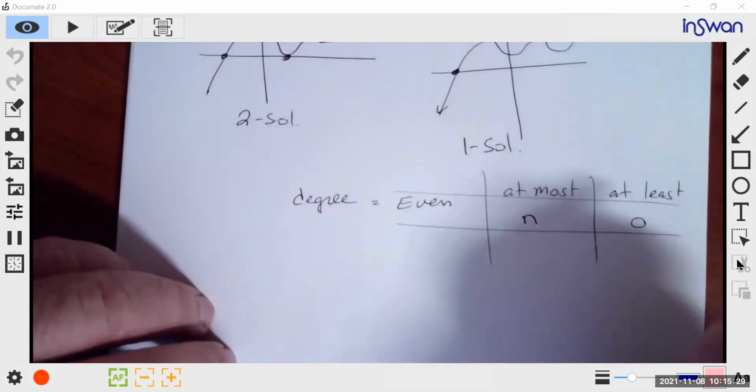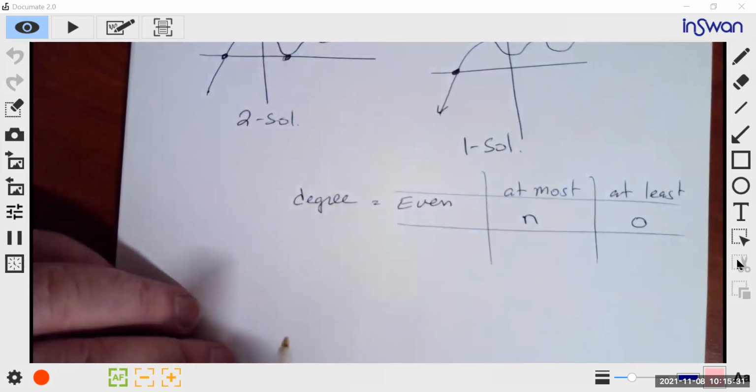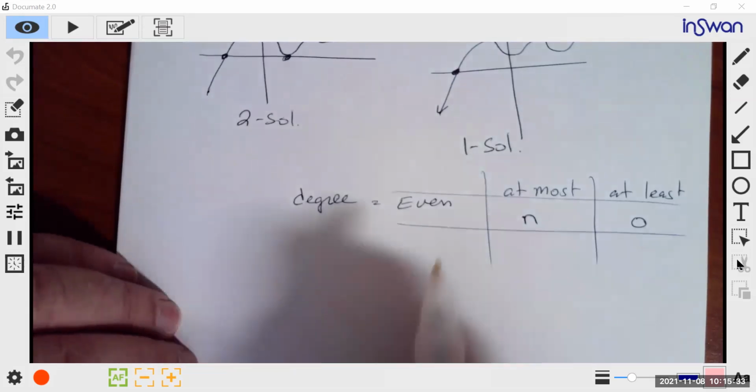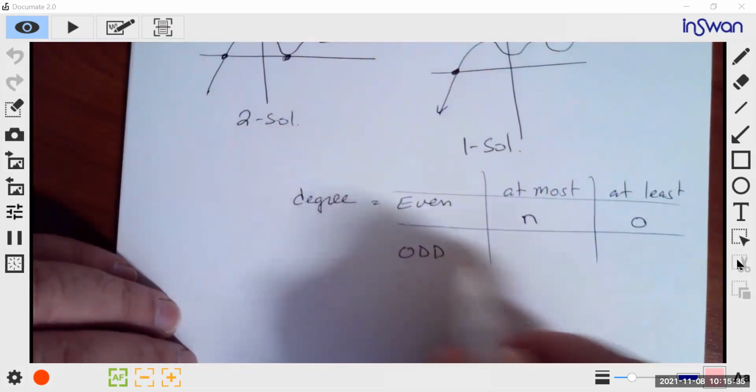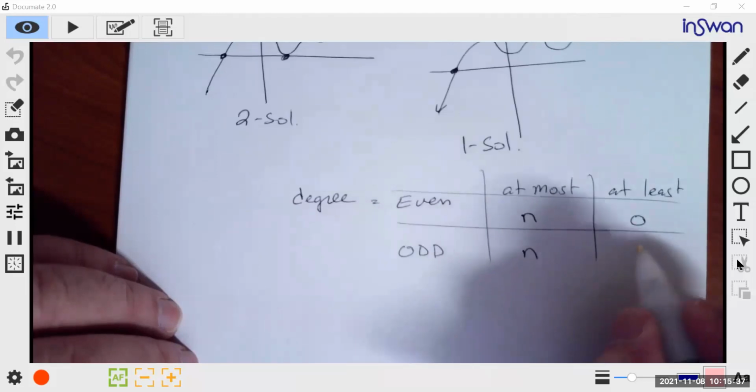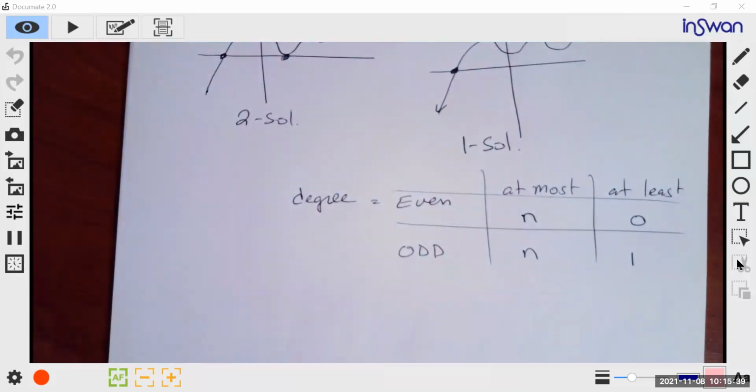The least you can have is 0, because they both point the same direction. If it's odd, n is the most, 1 is the least, because they point opposite directions. Very good. So just by looking at the equation, we have a rough idea how many solutions we're going to have.